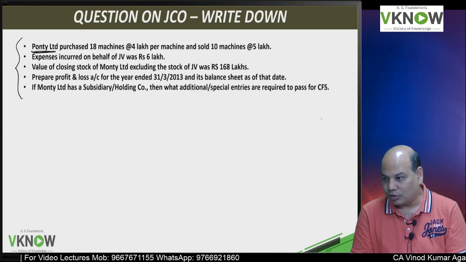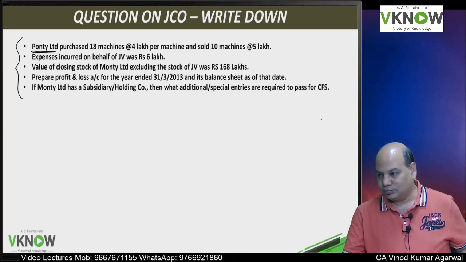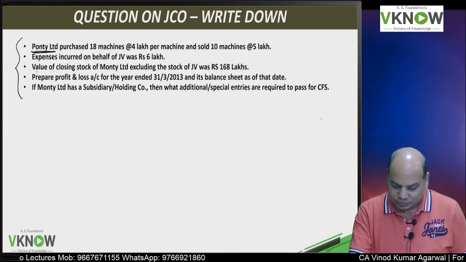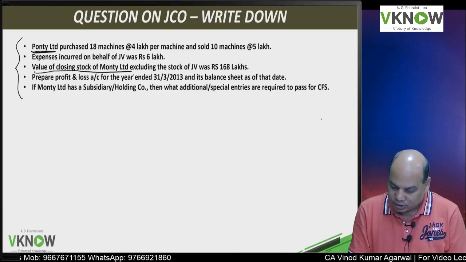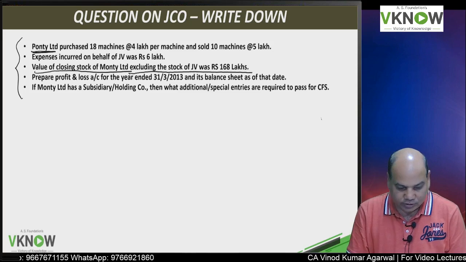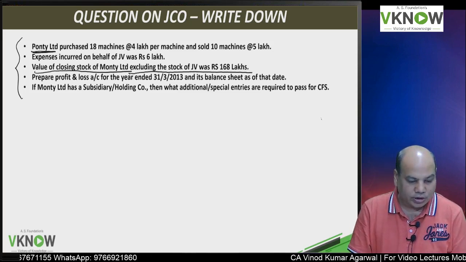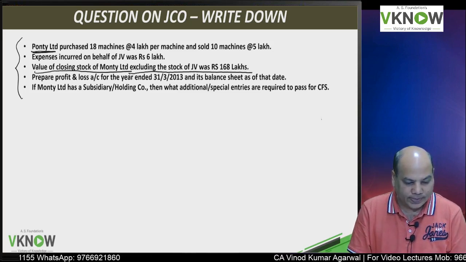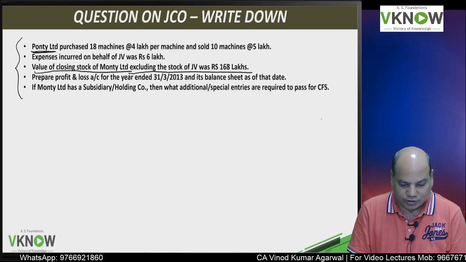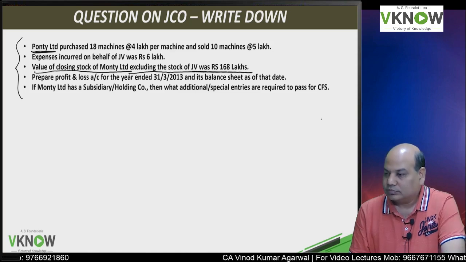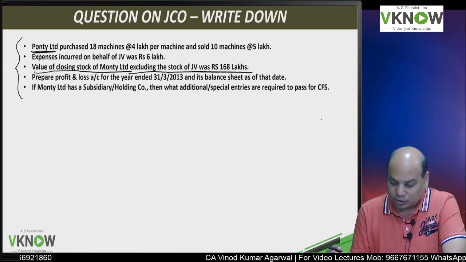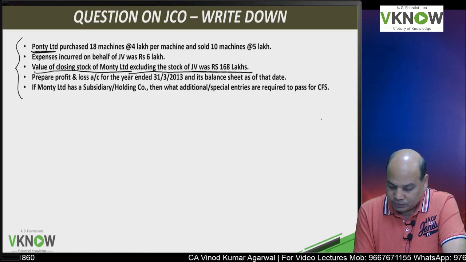Third point, write down value of closing stock of Monty Limited, excluding the stock of JV, was rupees 168 lakh. This is the closing stock of Monty excluding the stock of JV.